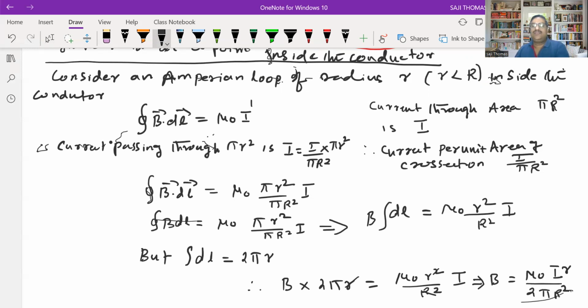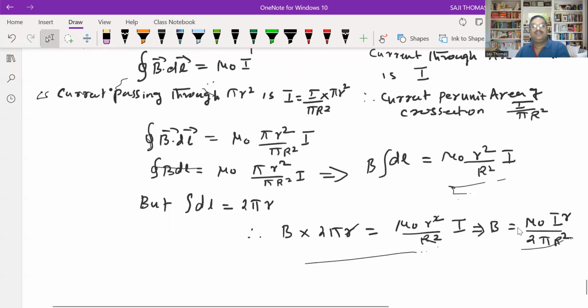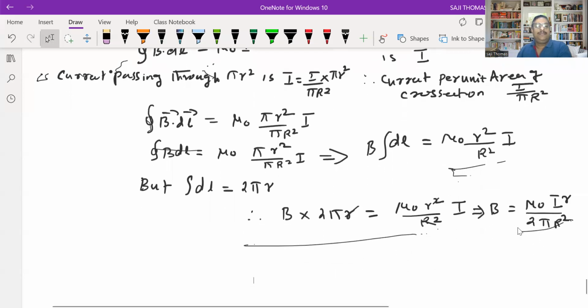So this is the equation for the magnetic field inside the conductor: B is equal to mu 0 I by 2 pi R square into small r.